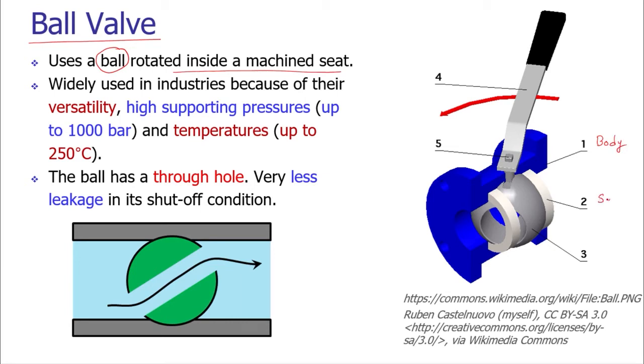There is a seat, and that seat is housing the ball. The ball is a floating ball, and the ball is having a passage as well. It is having a through hole through which the fluid is passing.